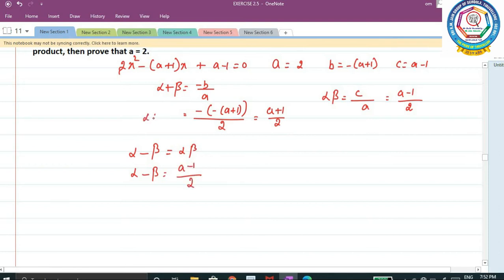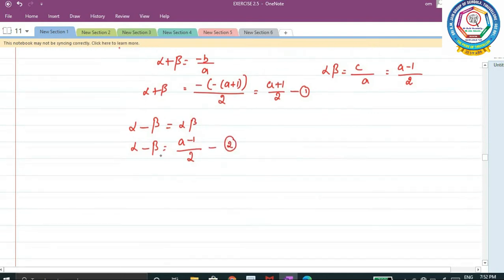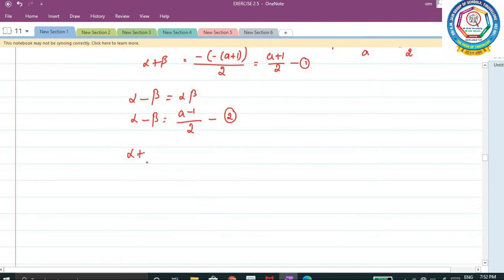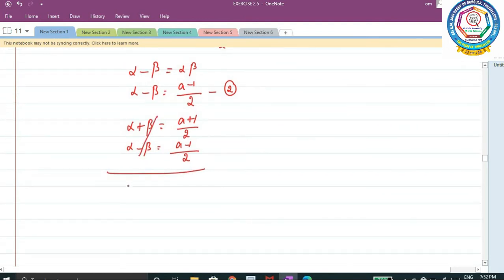So here alpha plus beta is equal to (a plus 1) by 2. This is the first equation. Alpha minus beta equals (a minus 1) by 2. This is the second. We have to solve these. Here minus beta and plus beta will cancel.